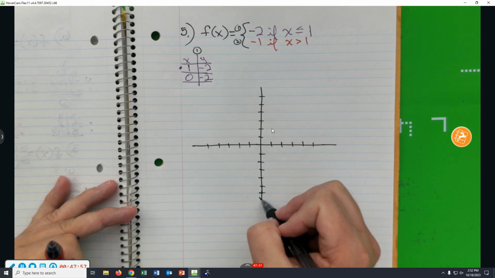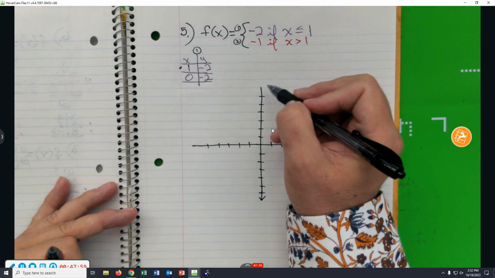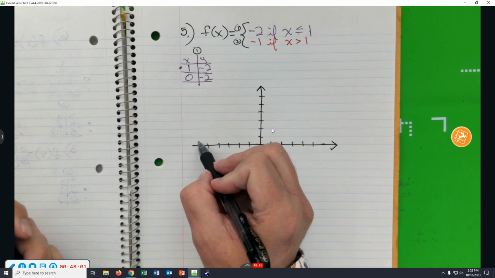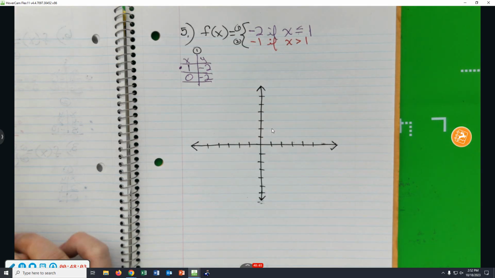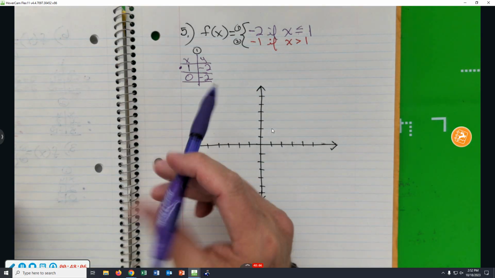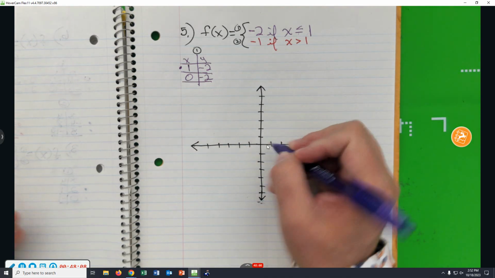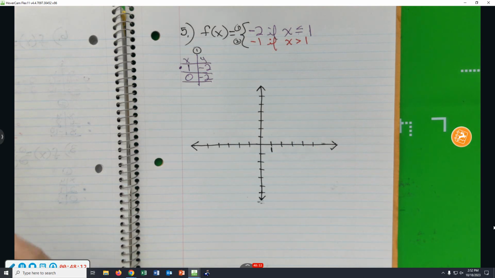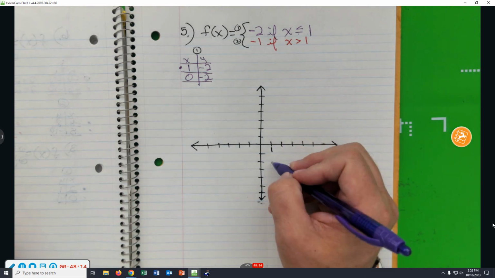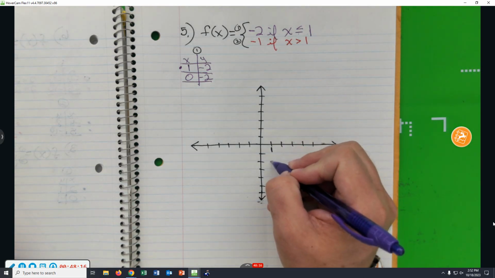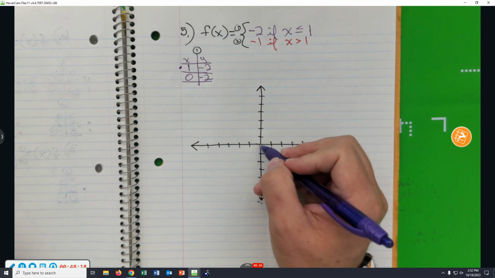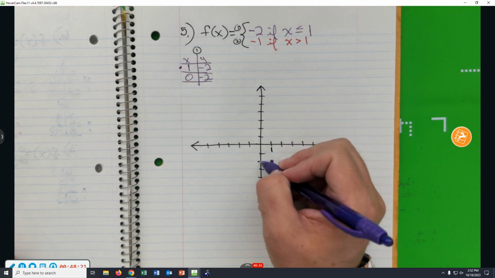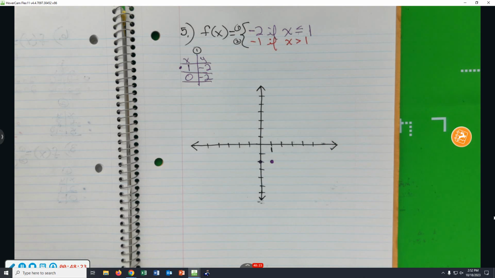I guess I could get the points and then look at the graphs to see which graph contains those points. So at 1, we go right 1. I want to make sure 1 is clearly labeled. There it is. We go right 1, down 2, closed dot, then right 0, down 2.